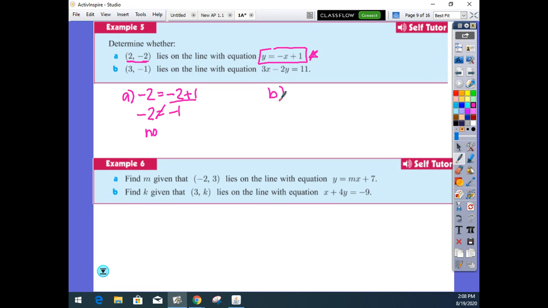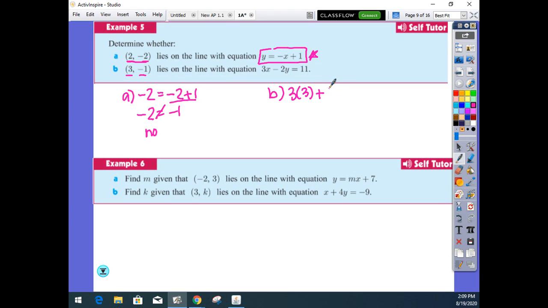Letter B. So 3, -1, we're just going to replace the x with 3. I think that's a plus. Yep. Wait a minute here.